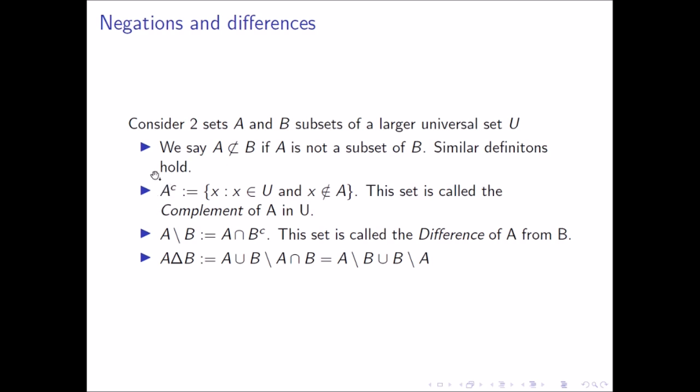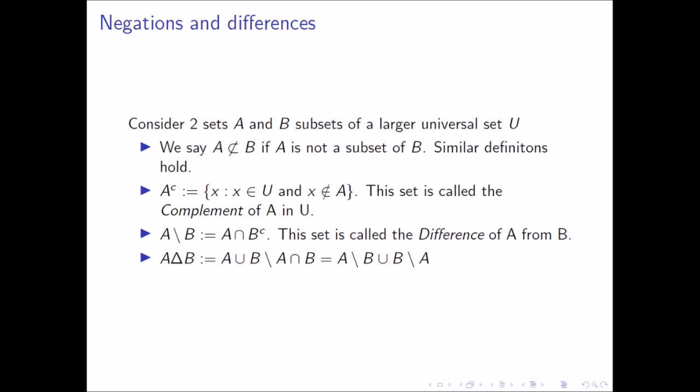So this A complement refers to all elements which are in the universal set but not in A. So basically it's called the complement set of A. That is, A and A complement are disjoint and their union gives the whole universal set.